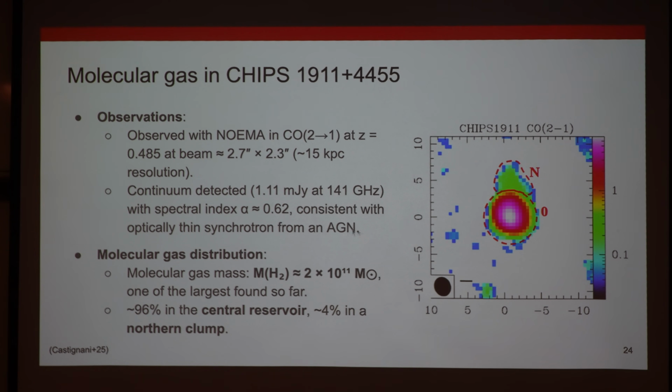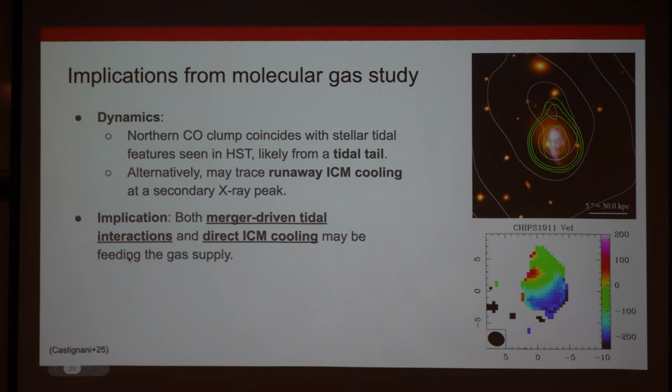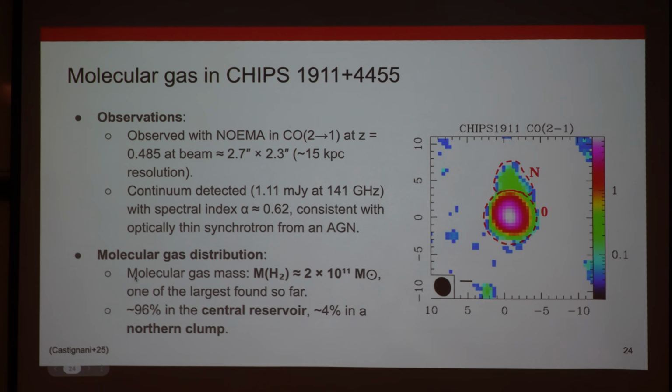Basically, what they have found is the molecular gas mass, so they detected molecular gas. I'm not sure everyone is familiar with molecular gas. When I talk about the hot gas, I talk about 10 to the 7 Kelvin gas.